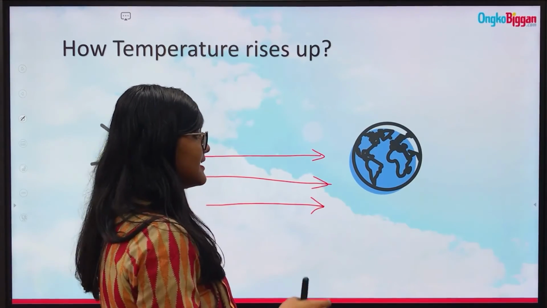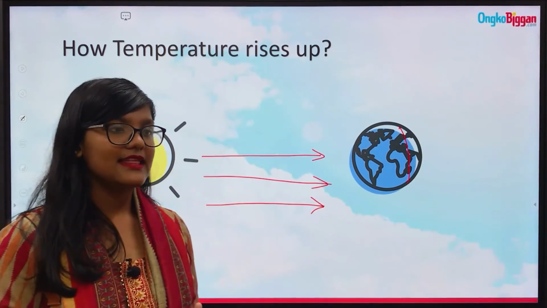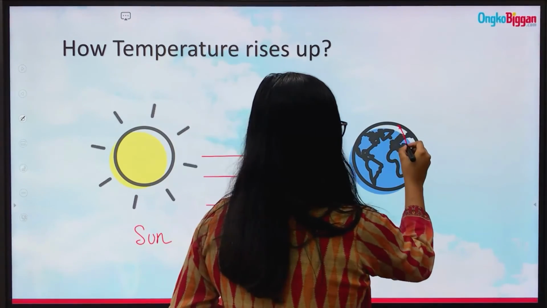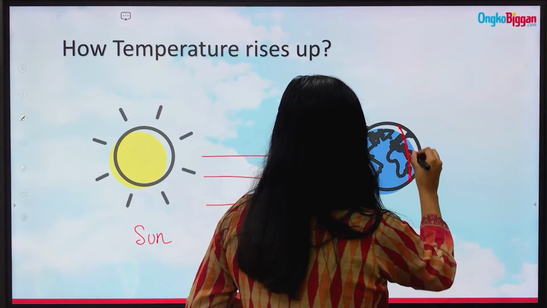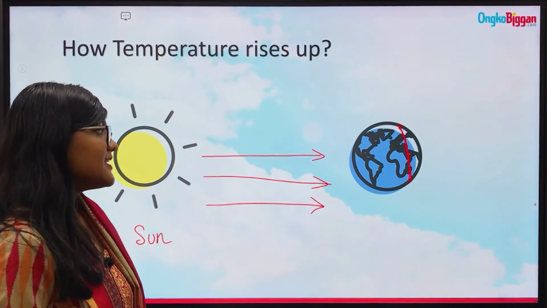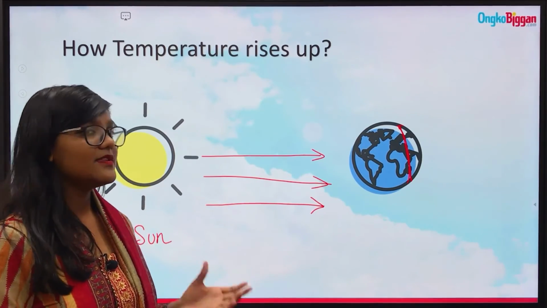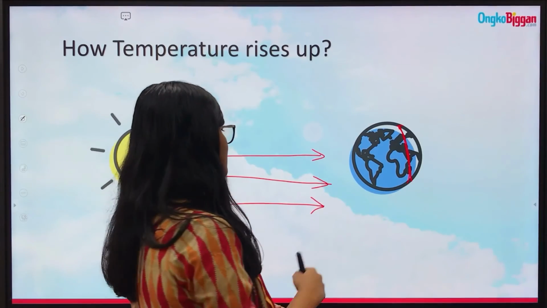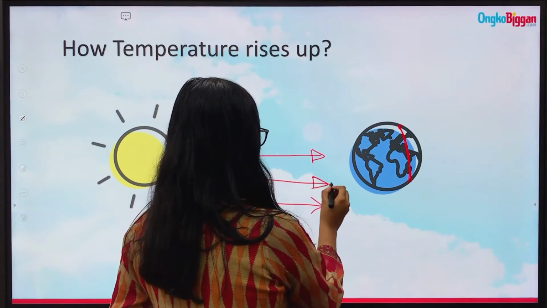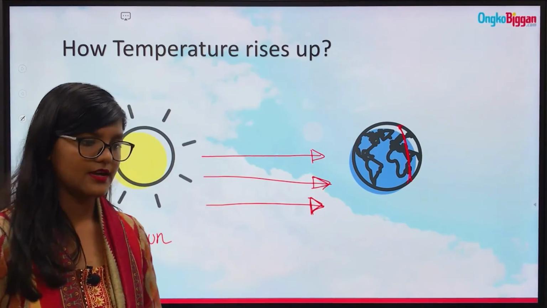Thus the land part and the soil part of the earth get warm, and thus the warm air rises into the atmosphere, which actually makes the temperature of the atmosphere of the earth rise. So the sun is mainly responsible for the rising of the temperature of the earth.